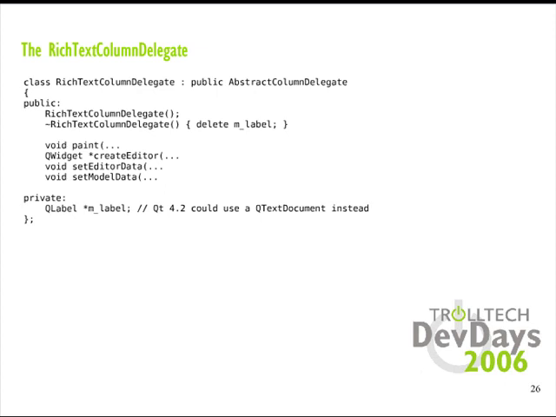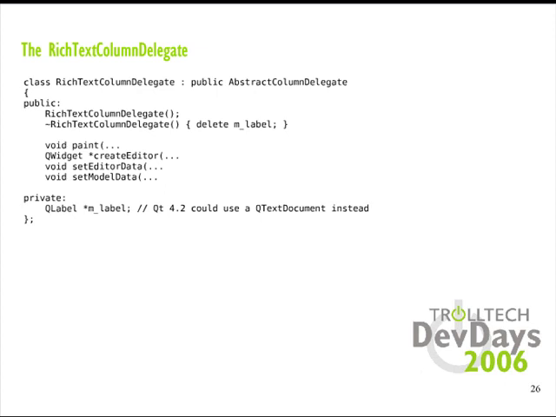Now, the first unusual thing is that this thing has a label. The other unusual thing is the label is never, ever shown. We just create it, we never show it. And I'll explain why as we get along. And in fact, you could in Qt 4.2 use a QTextDocument, but I chose to keep it as a label because I wanted it to be 4.1 as well as 4.2.